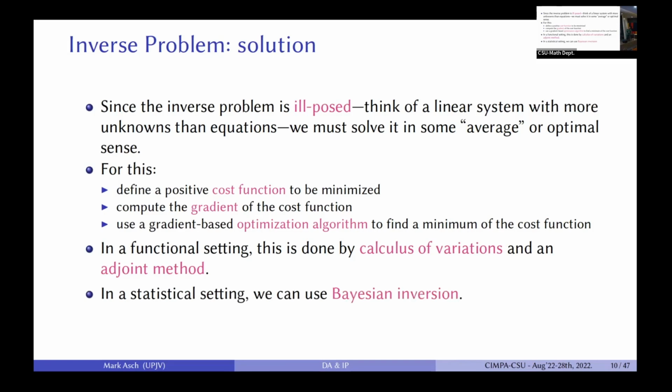And if we're in a purely statistical setting, a stochastic setting, then we can use what's called Bayesian inversion. I'll insist a bit on Bayes formula and Bayes theorem, because Bayes law, also from the 16th or 17th century, actually provides us a solution of an inverse problem. Strangely enough, if I use Bayesian theory, I can in fact solve the inverse problem as well.